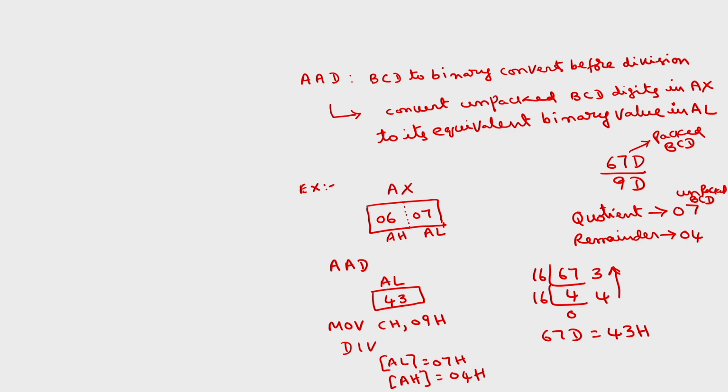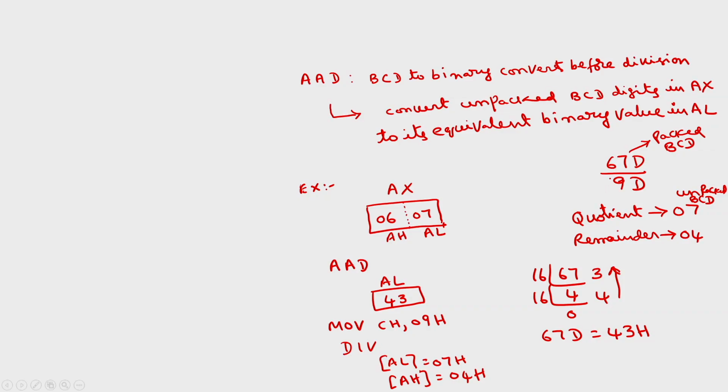I will explain again. This AAD instruction converts unpacked BCD digits in AX into the equivalent binary value in AL. Binary here means a hexadecimal value. Taking the example of 67 decimal divided by 9 in BCD division, the packed BCD is taken as unpacked in two 8-bit registers AH and AL, which is AX.